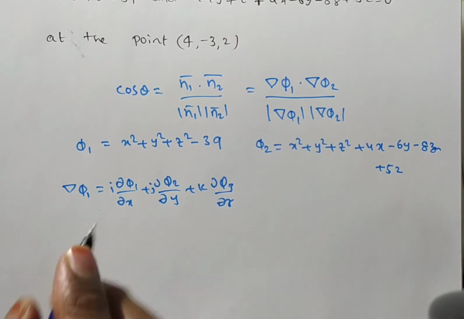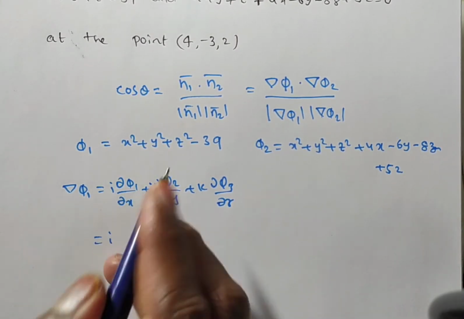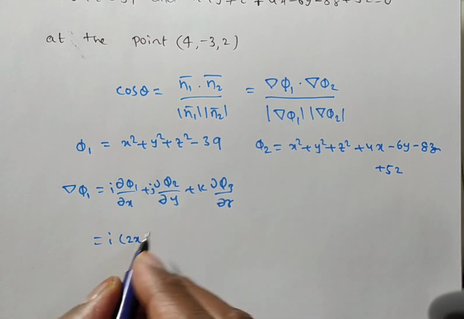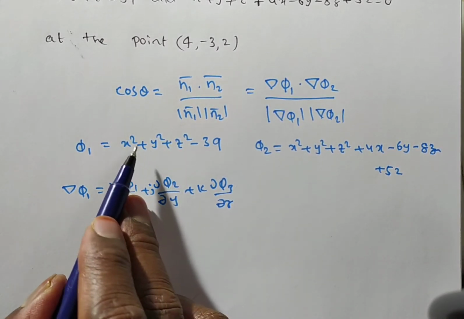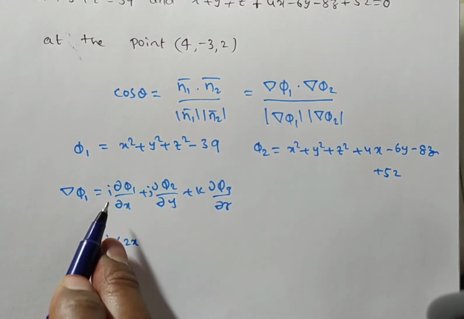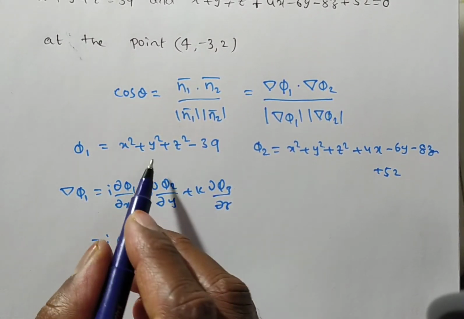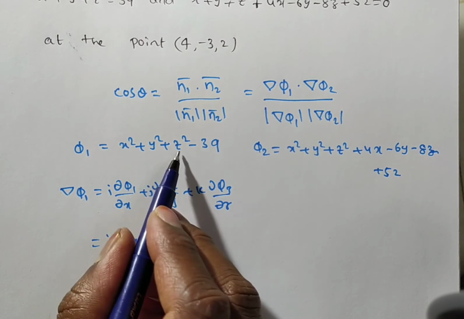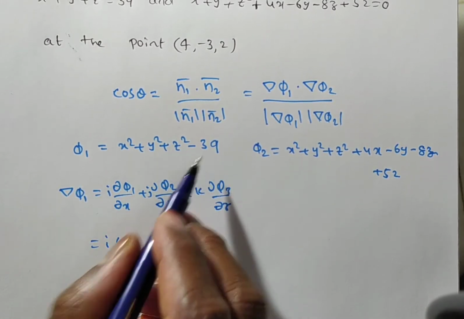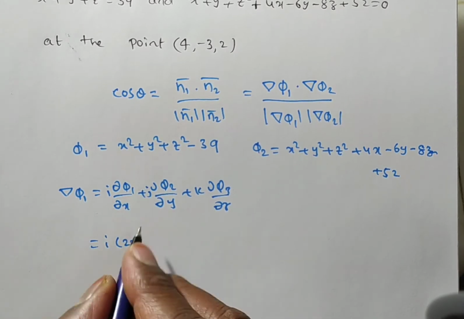Now this is i into, with respect to x, then what will I get? 2x plus 0 plus 0 plus 0, because x is the only x term; the rest of the terms we have to treat as constants while differentiating partially, right? So this is not containing x, this is also not containing x, and this is already a constant, so independent of x. These three values of the derivative become 0.